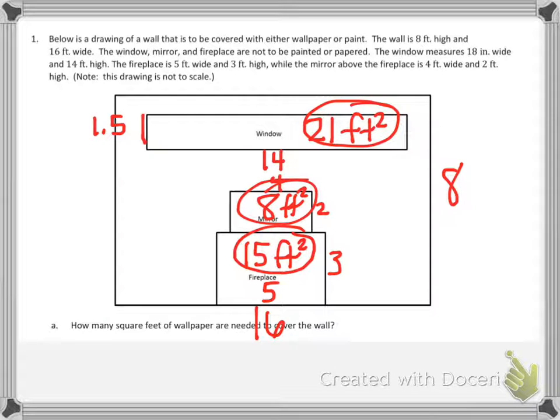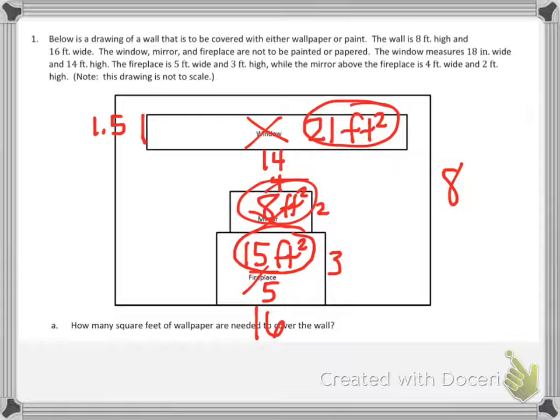So that's that. And so now I have all of the space that is not going to be painted. So not the window, not the mirror, and not the fireplace. I'm going to be able to take that amount away from the entire wall, which is a 16 by 8. Let's see, I'm going to use the calculator here. 16 times 8, 128, is the entire space.